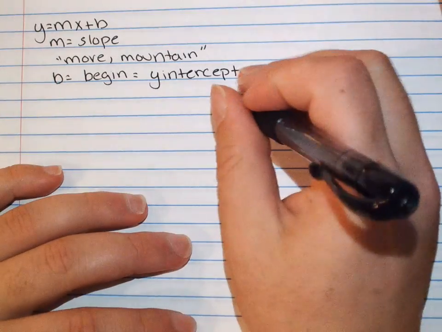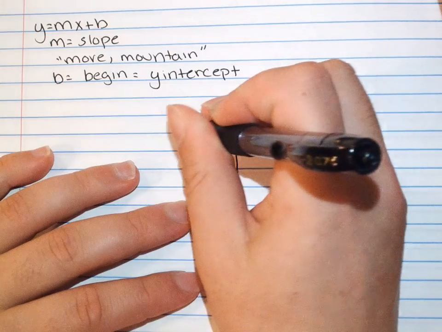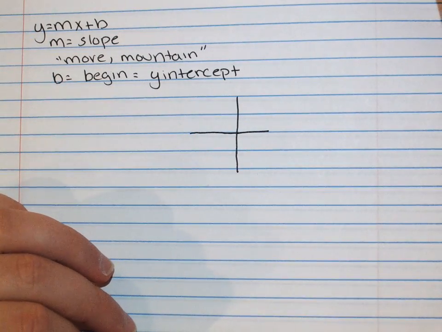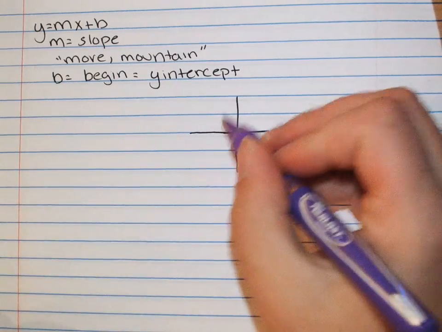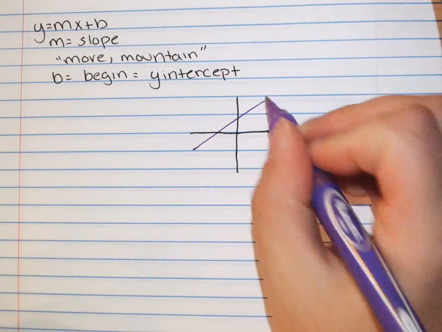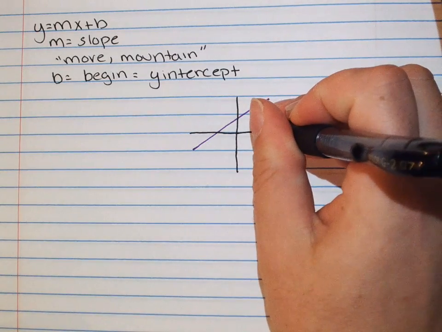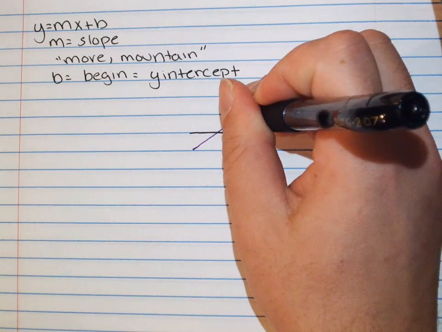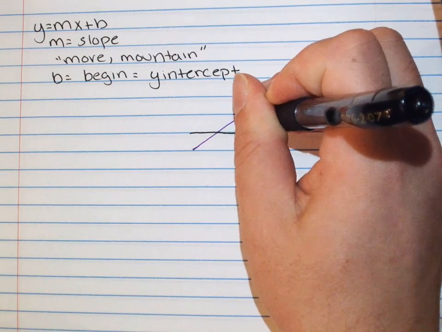And so I'm going to draw you a mini graph. Okay. And I'm going to draw you a line. And I'm going to label my axes. This is x and this is y. Now, right here, that's our b.